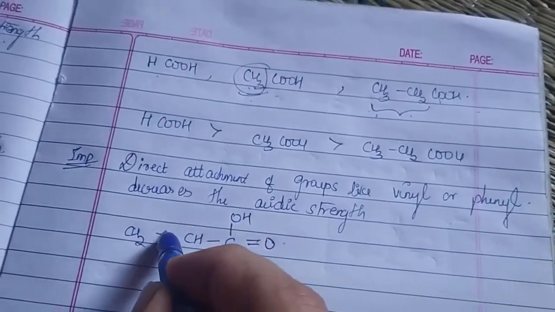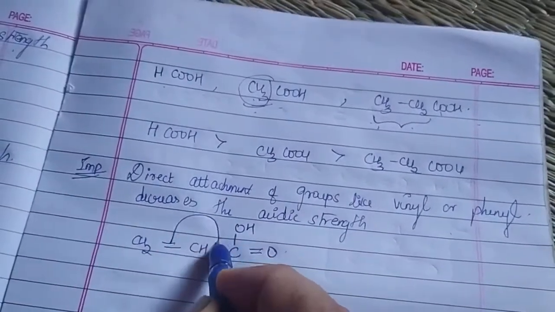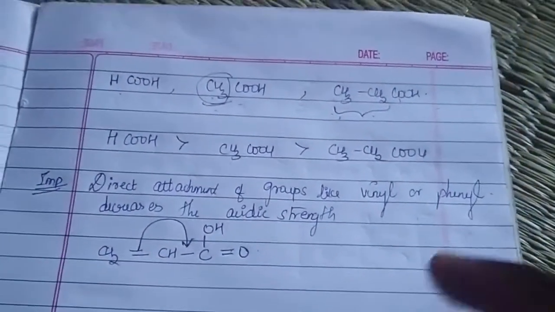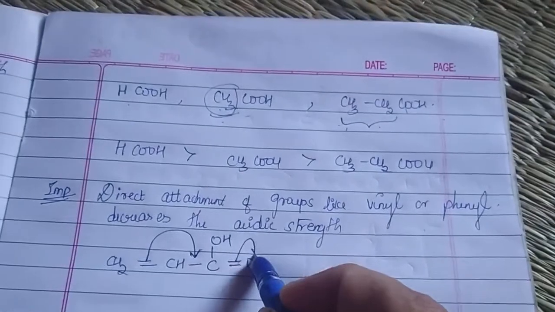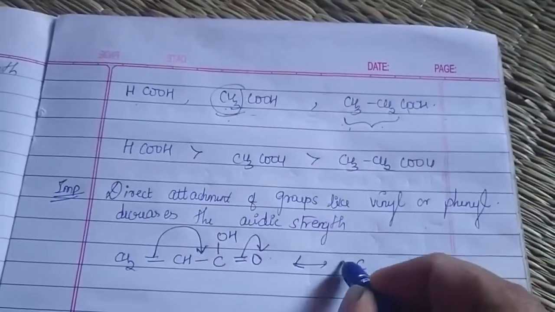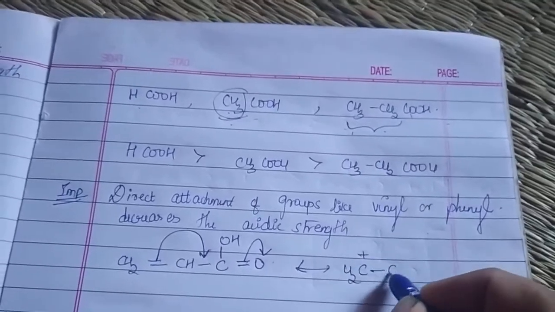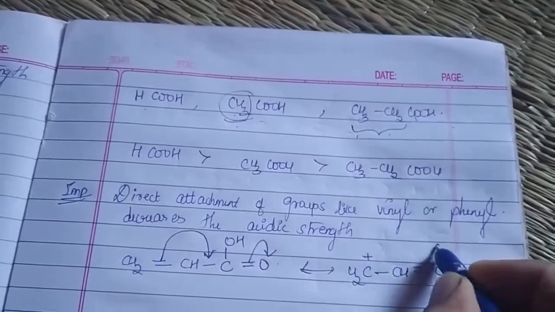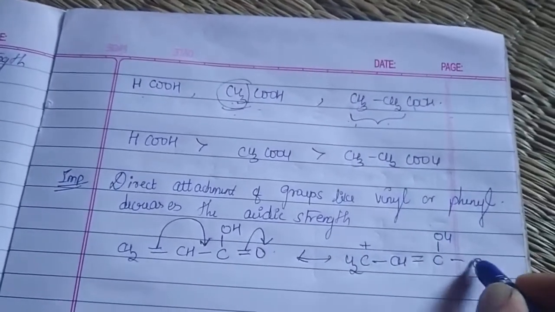Now see the resonance structures of this vinyl compound. Here you get CH2+, CH=C(OH), and then O minus.